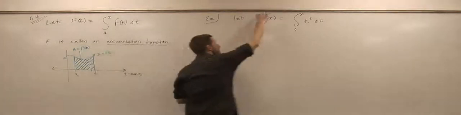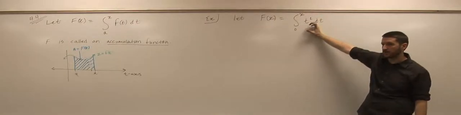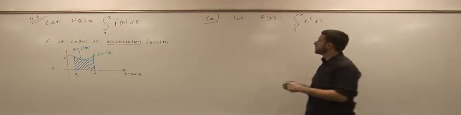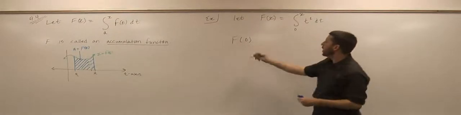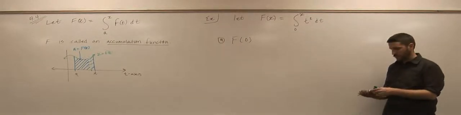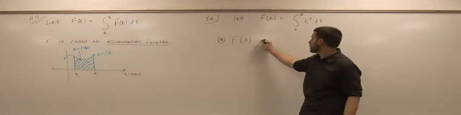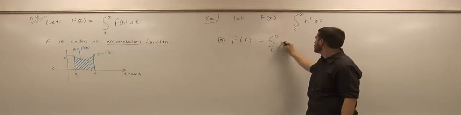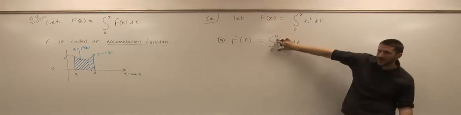So what capital F of x is going to do is accumulate area under the graph of t squared. Let me evaluate capital F at a couple of different points. What if I want capital F of 0? What should it be? 0. Because capital F of 0 means do the integral from 0 to 0 of t squared, but if you don't go anywhere, you don't have any area.